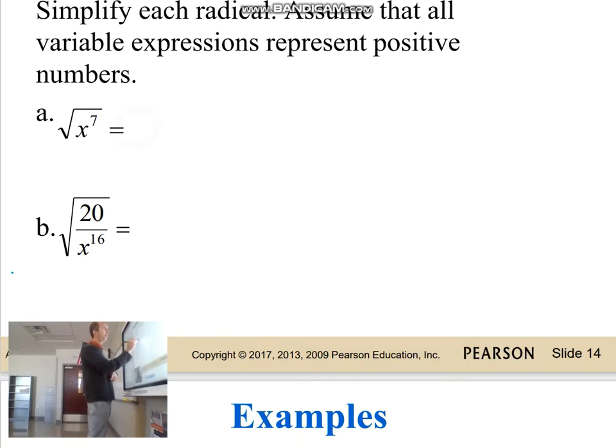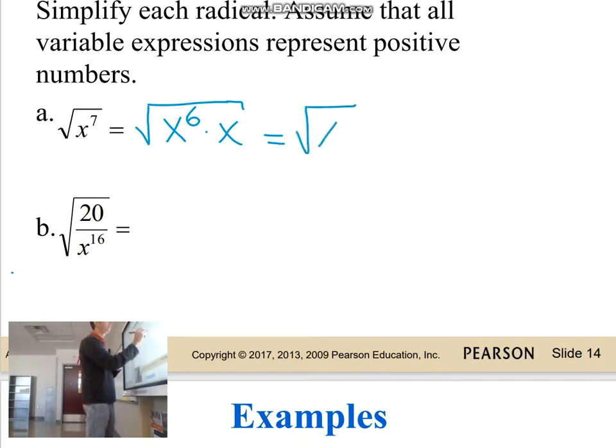We can write this down as the square root of x^6 times x, and write like this: square root of x exponent 6 times square root of x.